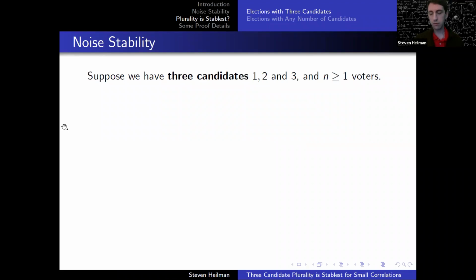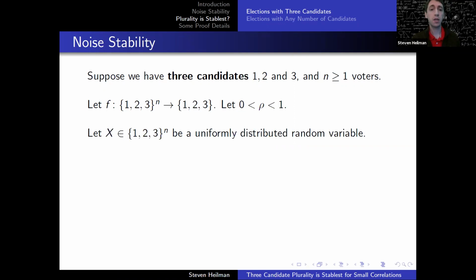Now, like I said, I wasn't really precise about what question I'm asking, so let me be more precise. I'm going to restate some of the definitions from before, where I started with 2 candidates. Now let's talk about 3 candidates: 1, 2, 3. Our voting method is a function with domain {1,2,3}^n, taking values in {1,2,3}. As before, we have our correlation parameter rho, and X uniformly distributed in {1,2,3}^n, which we interpret as every possible vote among 3 candidates.